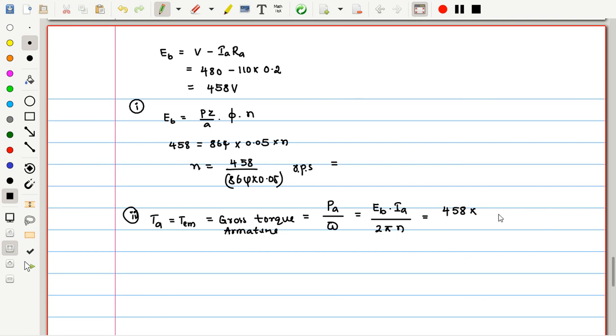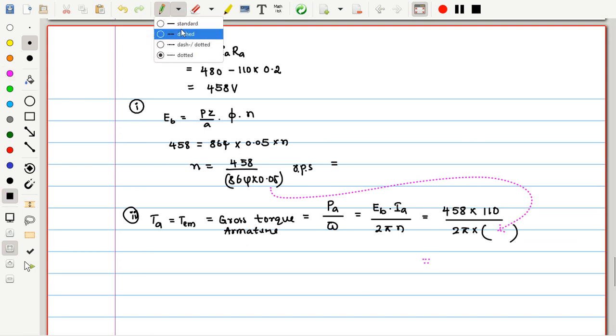IA is 110 amperes, divided by 2 pi into this small n. Substitute that here, simplify, and you will get the torque in Newton meters.